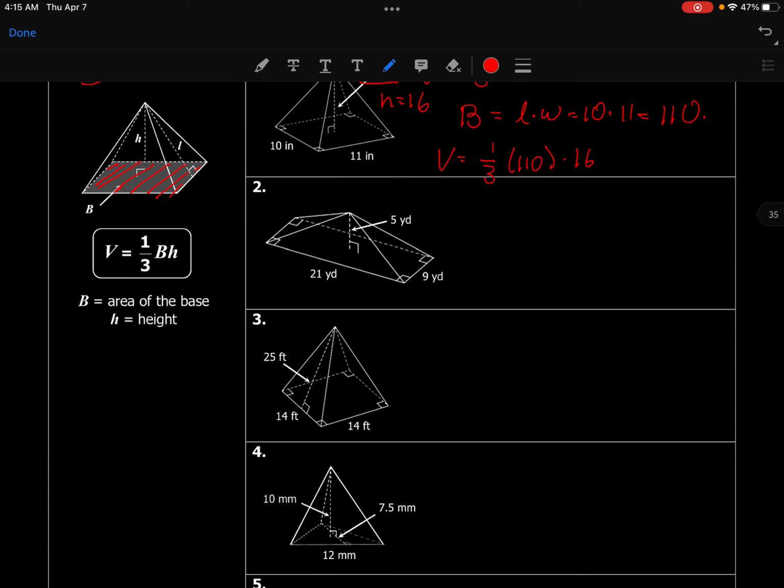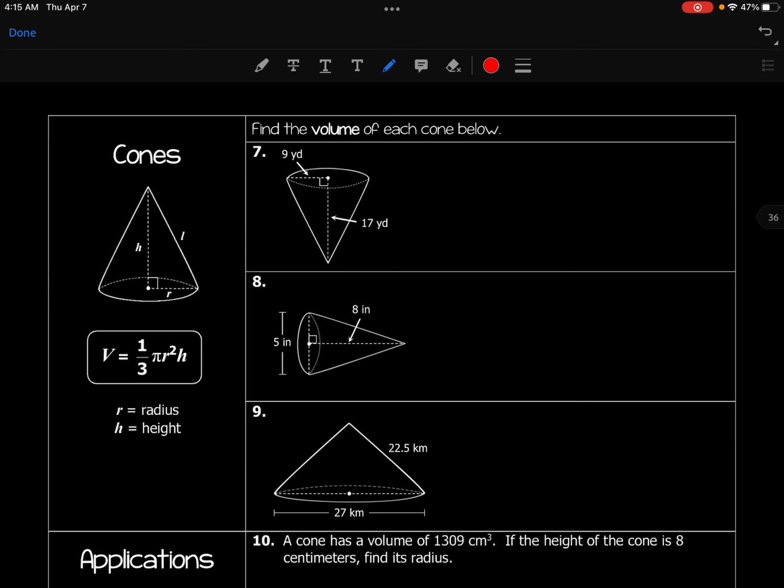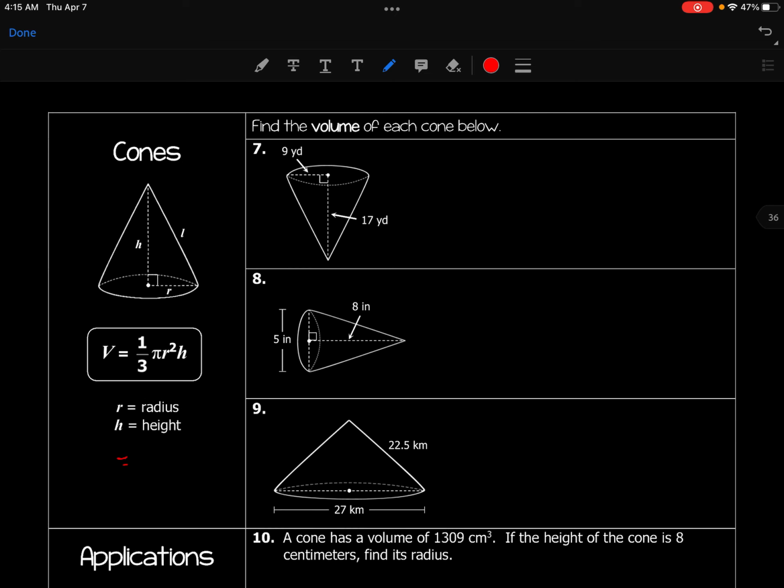All right. Next, we have a cone. The cone is actually the same exact equation as a pyramid, which is volume is equal to 1/3 base times height. You might be asking, but Mr. Y, I don't see base here.